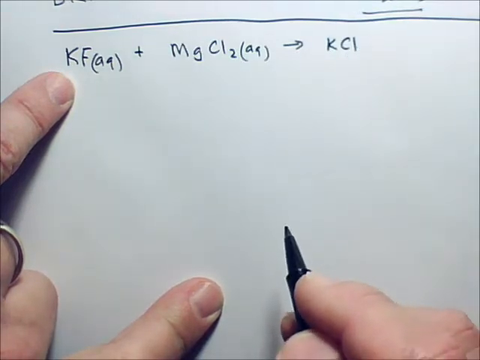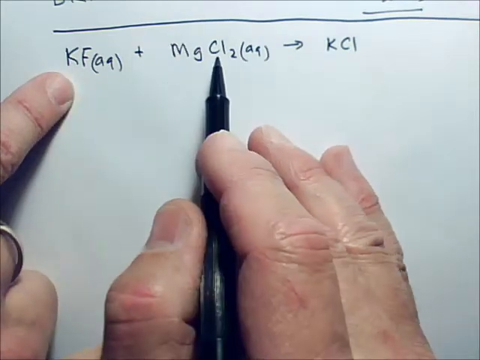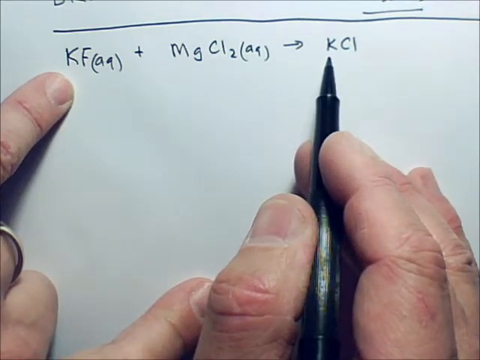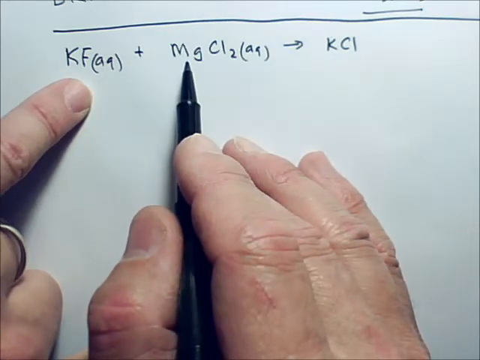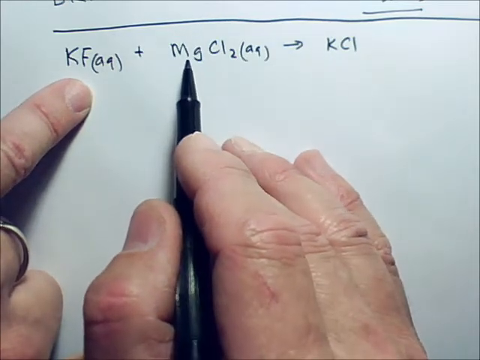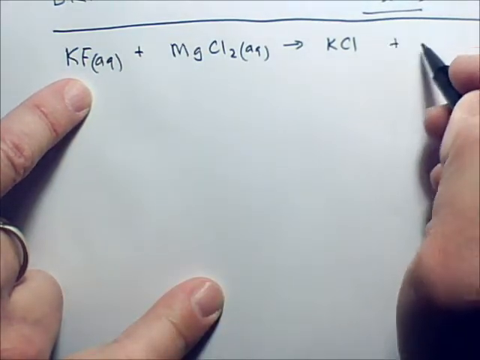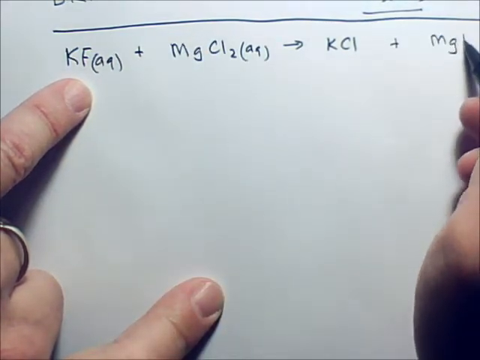KCl. If it's a double replacement reaction, the front part of this has to go with the back part of that. And the front part remains the front part. And then if a reaction is going to occur, the front part of this has to go with the back part of this. The front part remains the front part still. Okay?